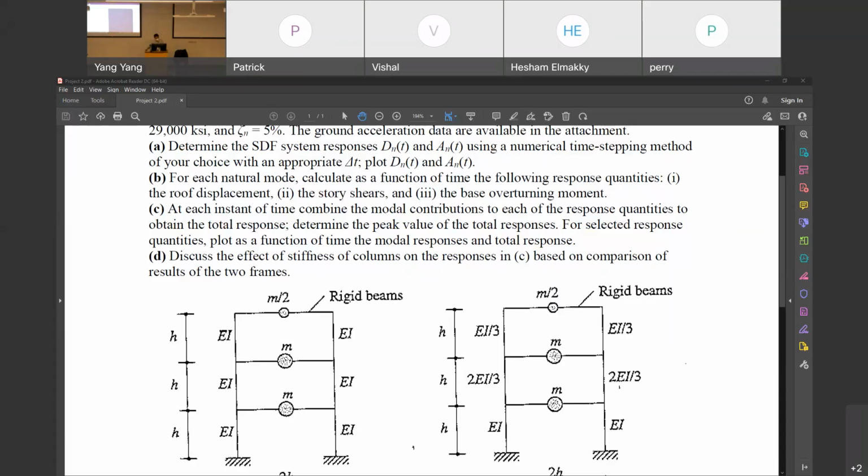I'm especially impressed with some of your work in your project. You did a lot of good programming, producing the response spectra. Very good job, and I'm looking forward to seeing your work in the final as well as the project too. Let me know if you have any questions, and enjoy the rest of your evening.